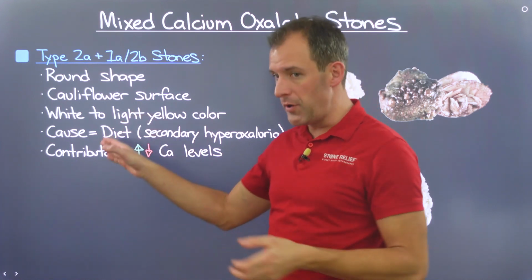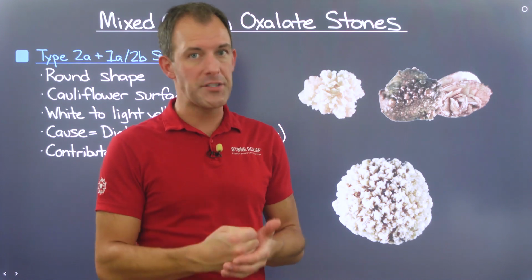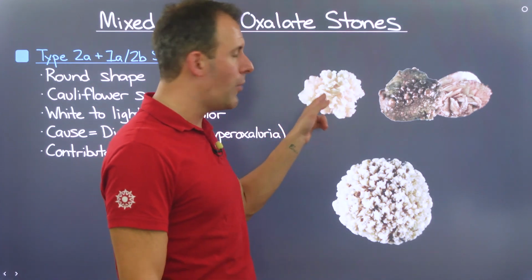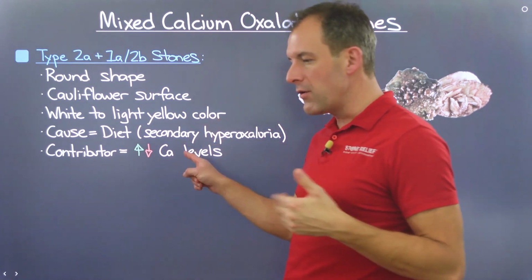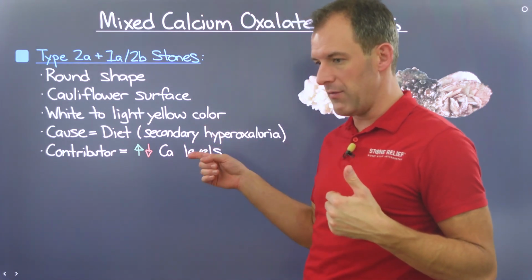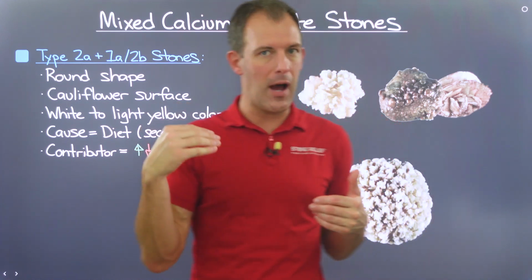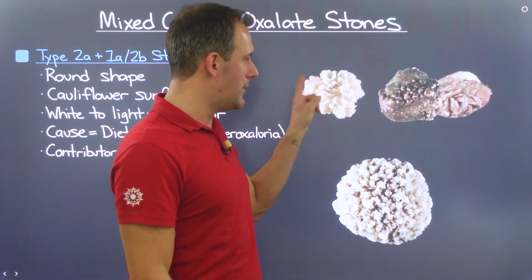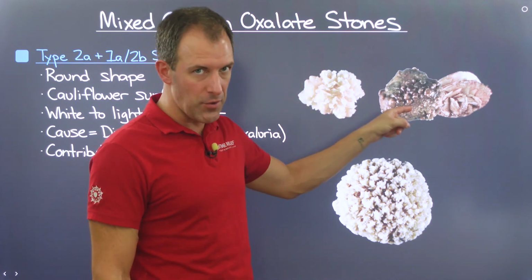Now, contributors to this as well. So as we had talked about in the previous video about calcium oxalate dihydrate stones, this 2A stone really kind of associates itself with increasing and decreasing calcium levels, but really more of an elevated level of calcium, hypercalciuria. That is really what dictates this type of stone formation versus the type 1A stone formation.